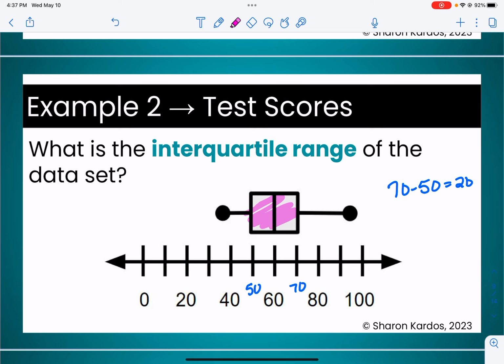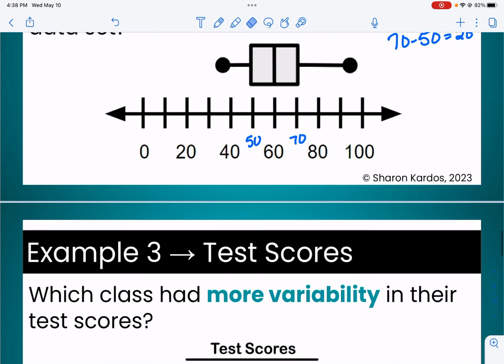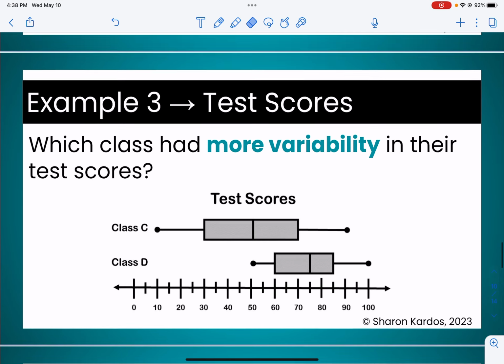So definitely not very good scores if you ask me. And I can also see that 75% of my students, this is the upper quartile, so 75% of my students scored a 70 and below. So definitely need to go back and reteach this, and that helps me to see it on this box and whisker plot.